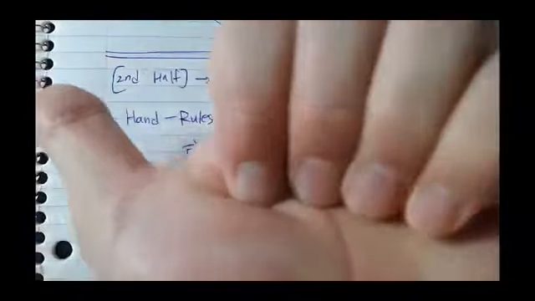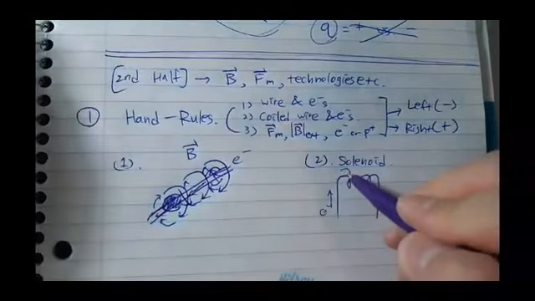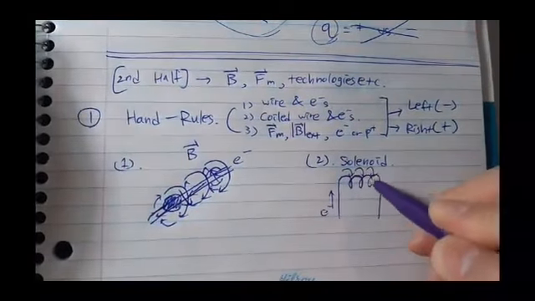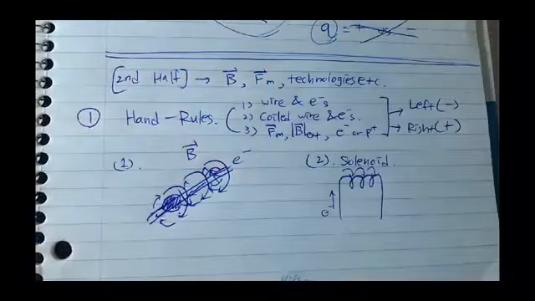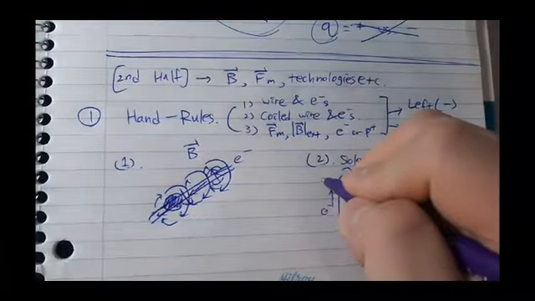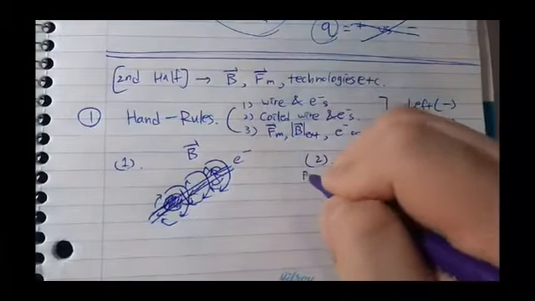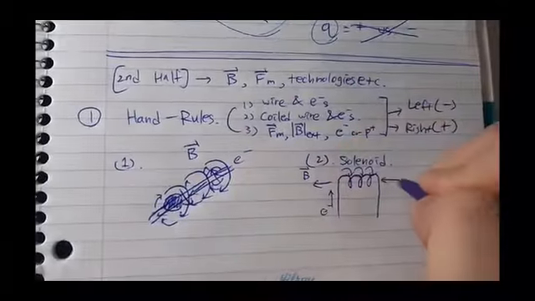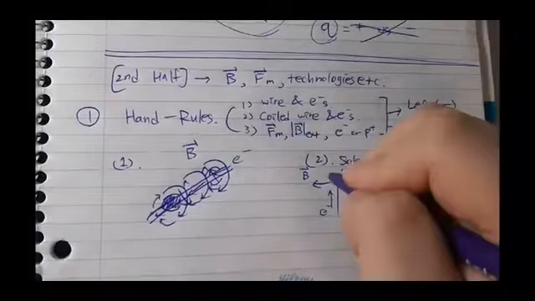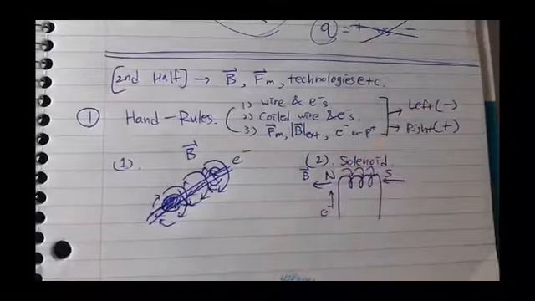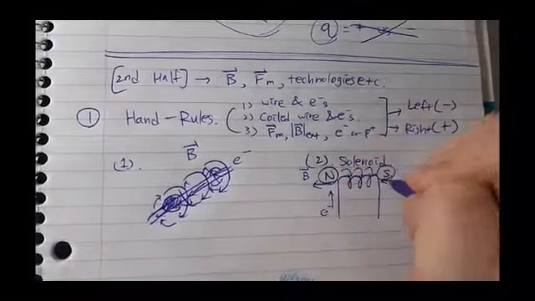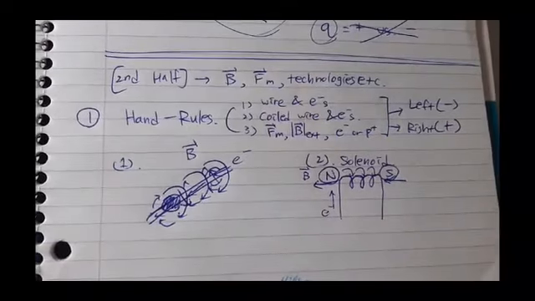My forefinger represents my coil direction. As you may notice, it's going up, down, up, down, and going down is in front. So my four fingers curl along the coil and my thumb indicates the left side over here. That indicates my magnetic field, and you need to remember the magnetic field is always connected because it's bipolar, north side on the left, south side on the right. Those are things you need to remember.